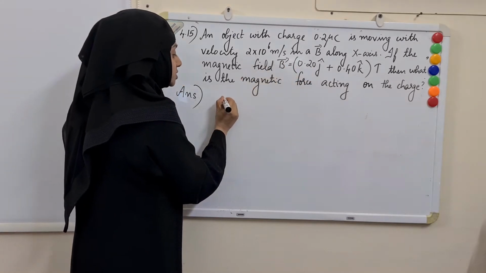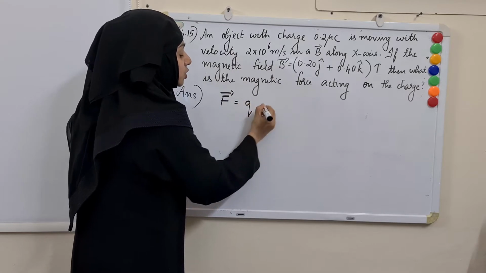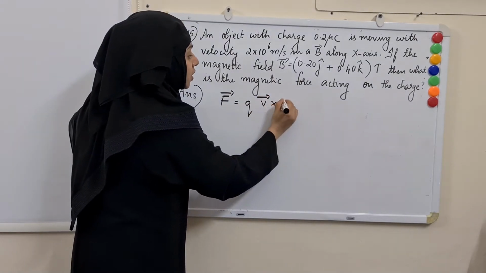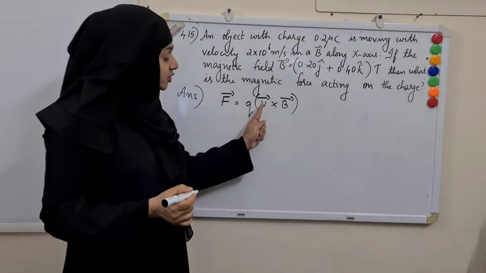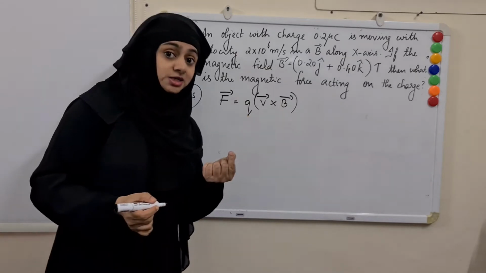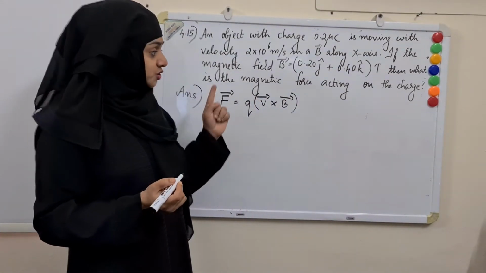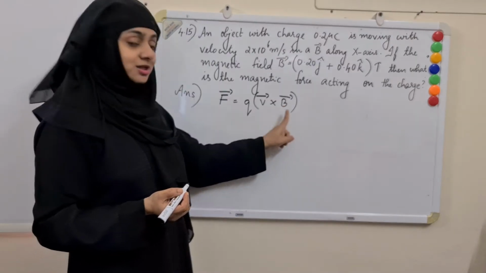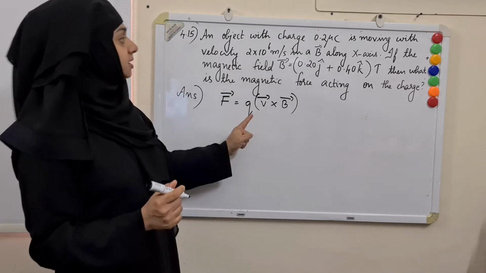So let me use the vector form of the equation: F is equal to q into v cross B. Now we have to express both the velocity and magnetic field as vectors and find their cross product. Do you remember how to find the cross product of two vectors? If you don't, let's see now.